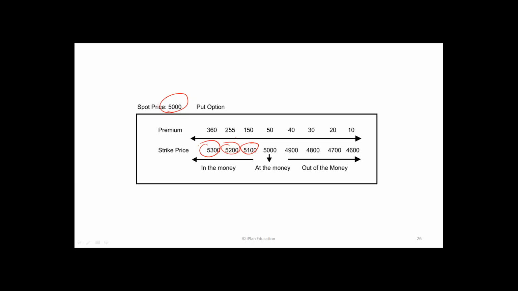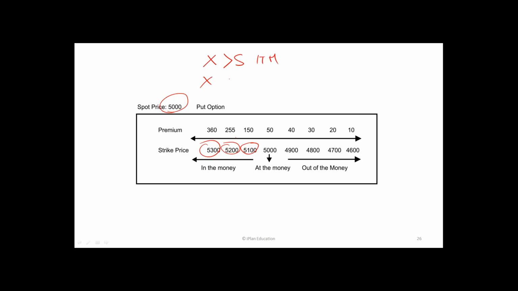So remember, it's easy to remember. You are buying a put cheaper than the spot, it's out of the money. You are buying a put costlier than the spot, it's in the money, right? So here, if you write in the money, out of the money, we can say that if the strike price is greater than the spot, it is in the money.